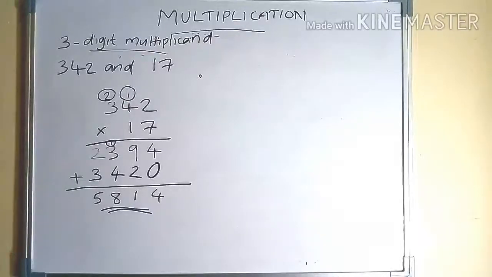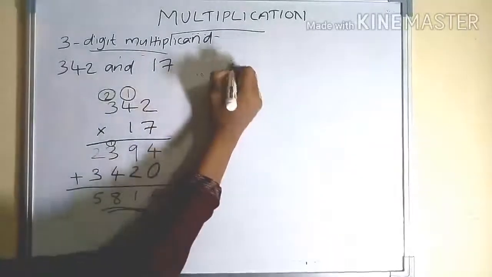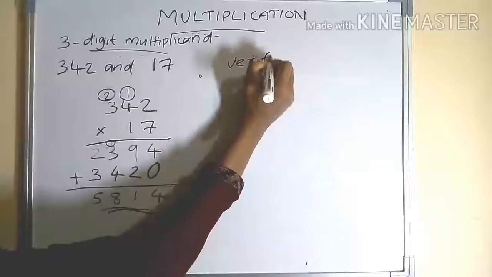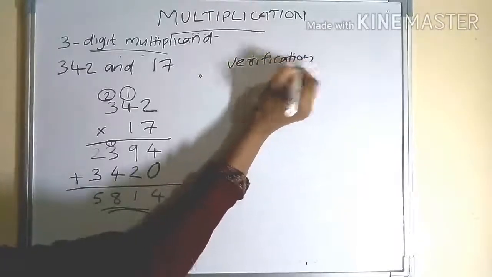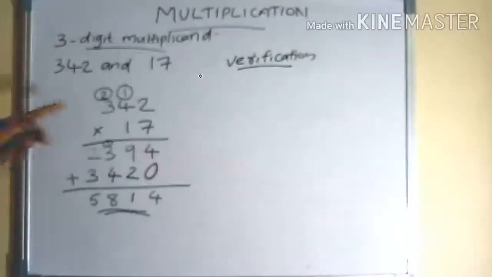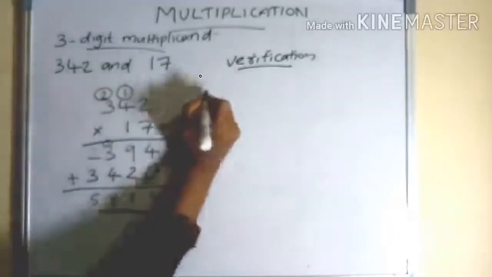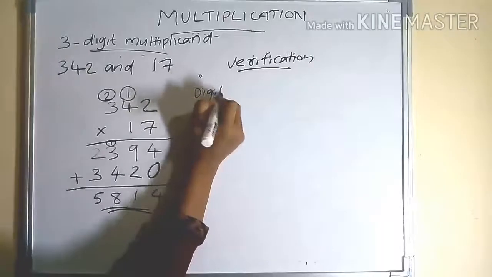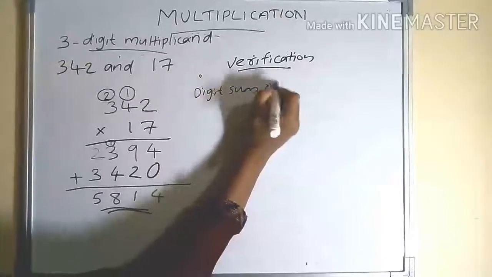Okay. Just verification. Verification by digit sum method. In this question, our multiplicand is 342. So first, find the digit sum of multiplicand.